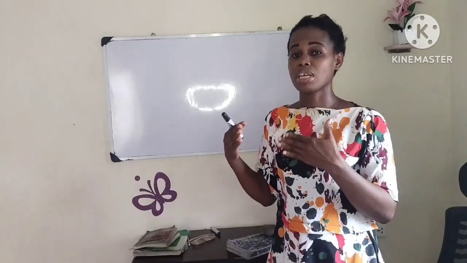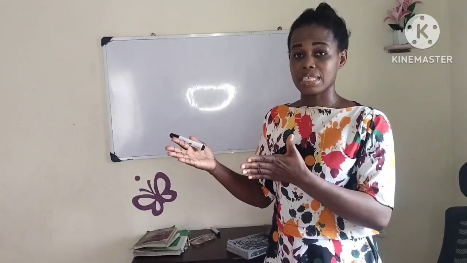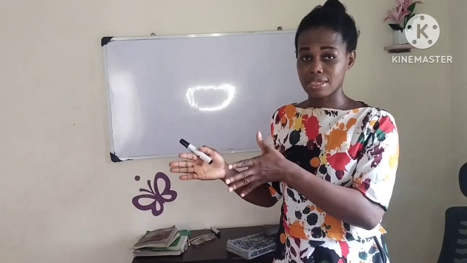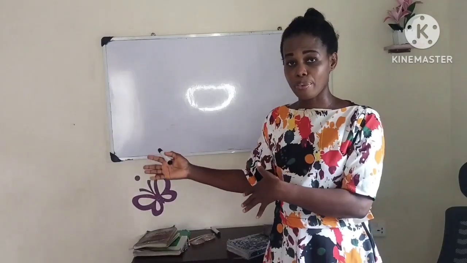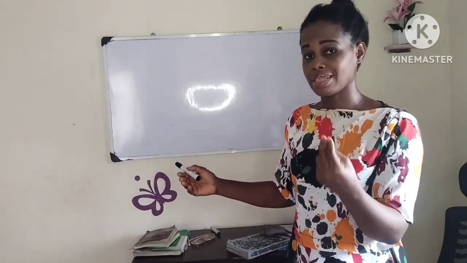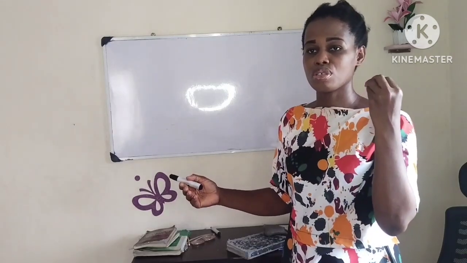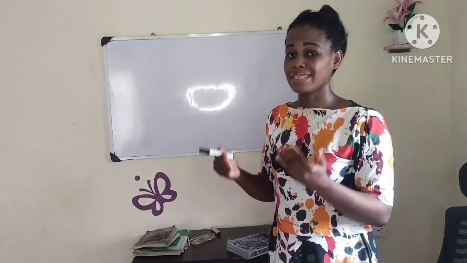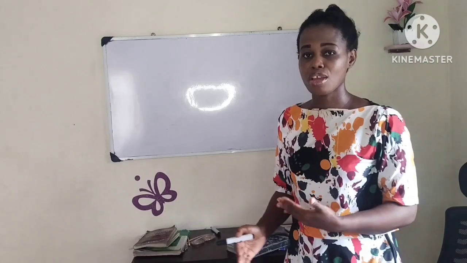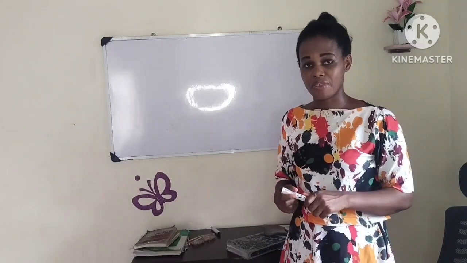So make sure you take note of where the person you are writing to stays. If you're asked to write to somebody who stays abroad, make sure your address ends in Nigeria. If you're asked to write to your friend in another school, your address should end in the name of your state. Please take note of that.